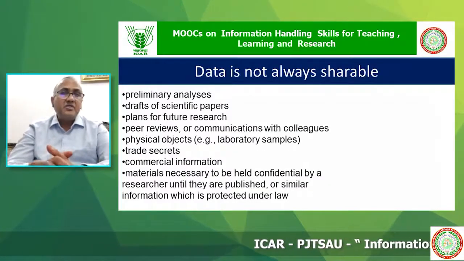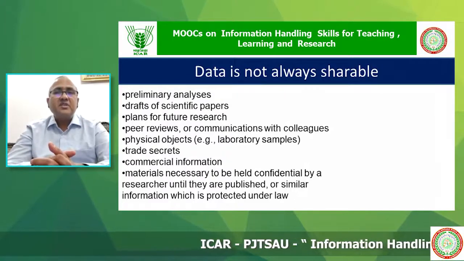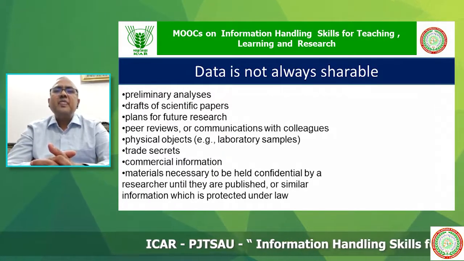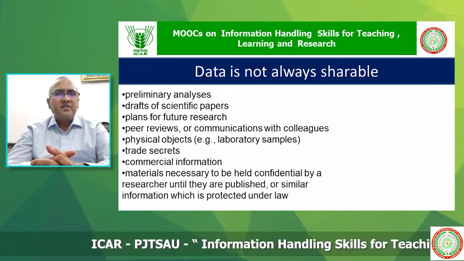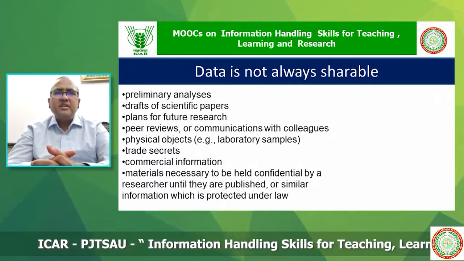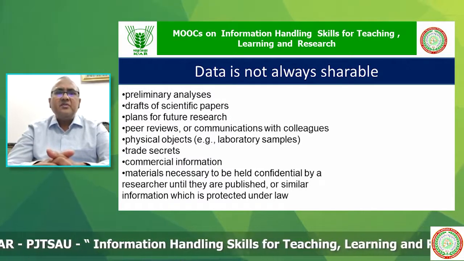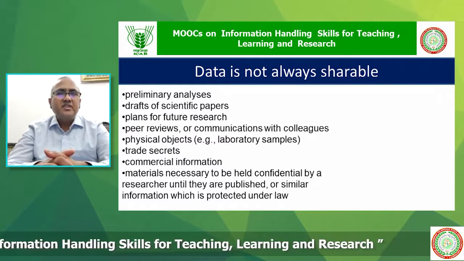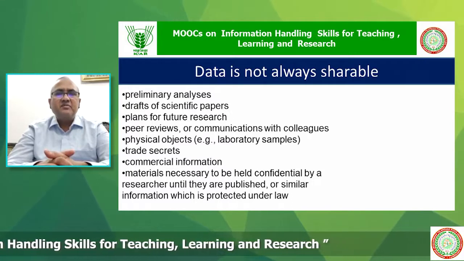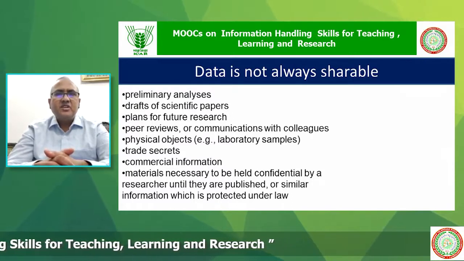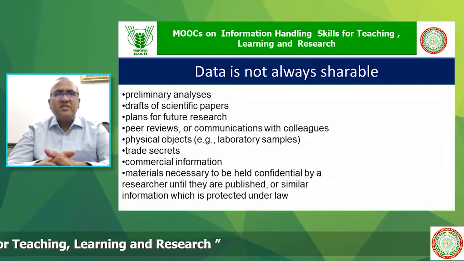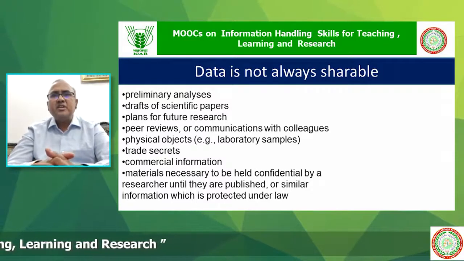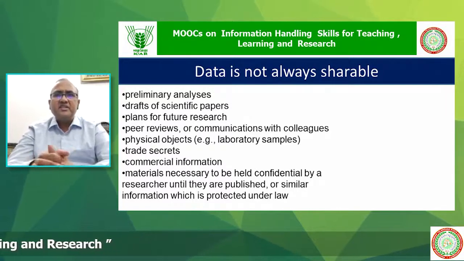And if it is commercial information that somebody has to sell, they may not like to get it openly available. And there are certain things where the information is confidential because of certain countries' requirements, or universities' requirements, or individuals' requirements. So those things have to be taken care of during research data management.